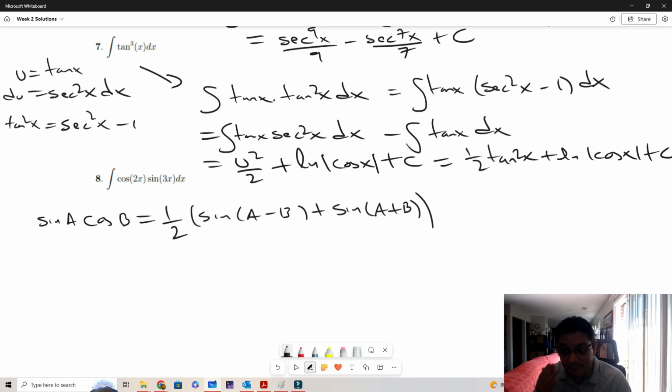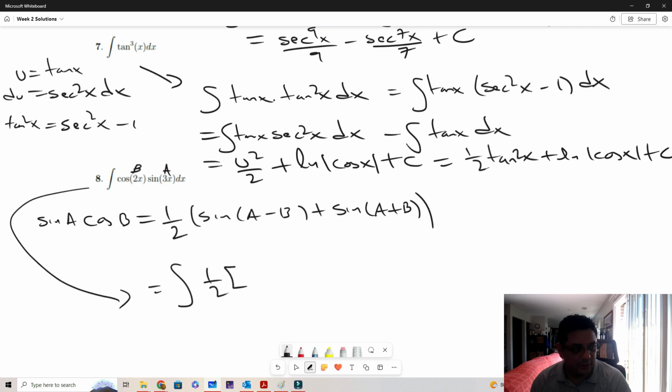So we can kind of combine this. And so applying that and making this, let's say B, and this one A, then that's going to be transformed to 1/2 of the integral of sine of 3x minus 2x plus sine of 3x plus 2x.